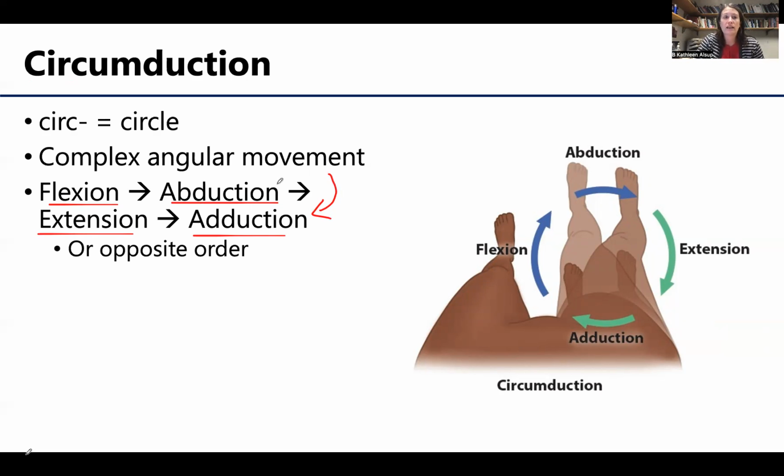So there's going to be many of the types of synovial joints that can do these 4 types of movements. And anytime you can do all 4, you can circumduct. I say I can even do it here with this joint. But oftentimes we think of it more, say with the shoulder joint or with the hip joint, but some of those smaller joints can do it as well.